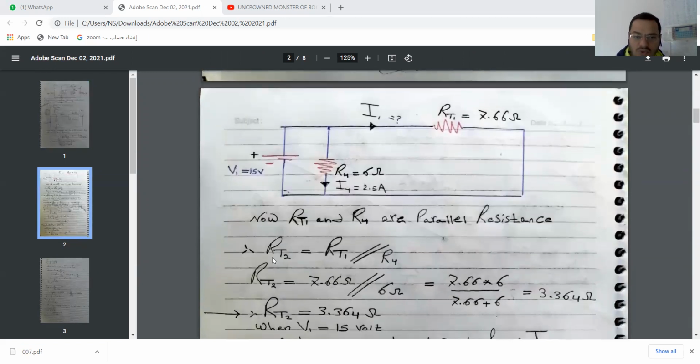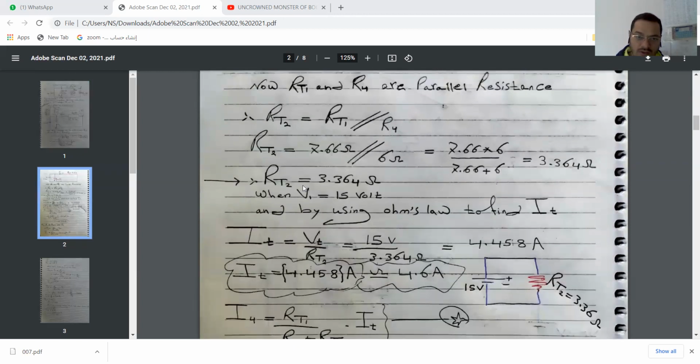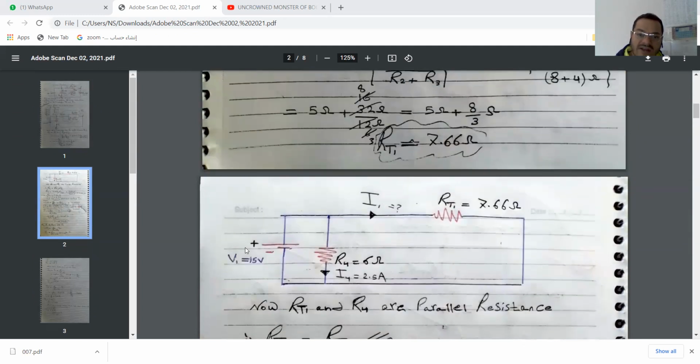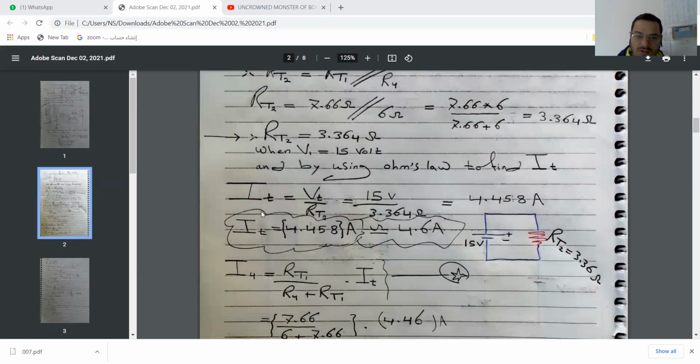Here is total 2: RT1 parallel with R4. What does it mean? RT1 times R4 divided by RT1 plus R4. RT2 equals, when V1 equals 15 volts. The author wrote this value to us, V1 equals 15 volts.